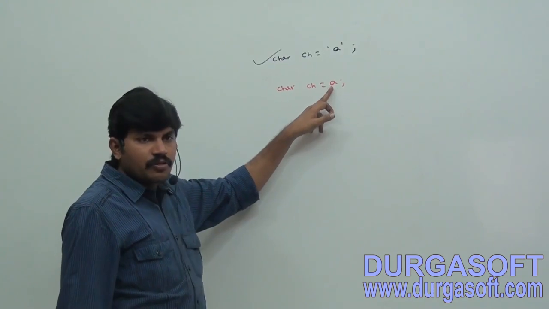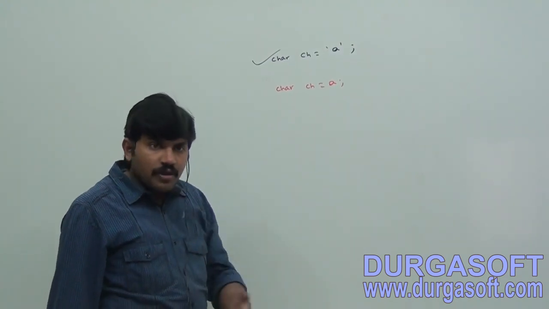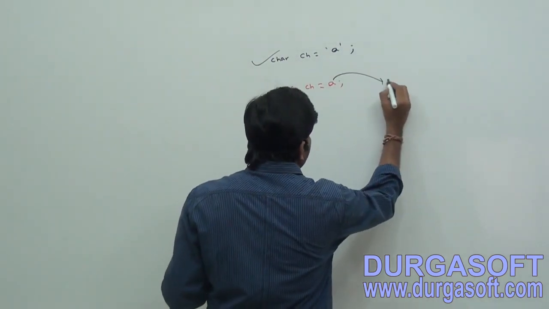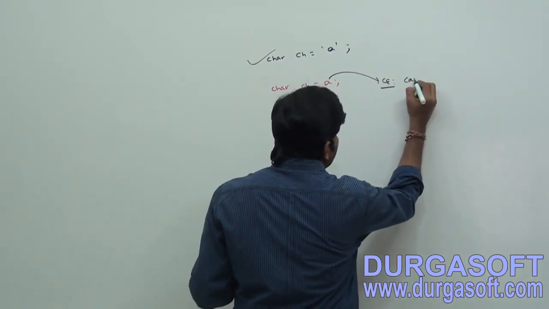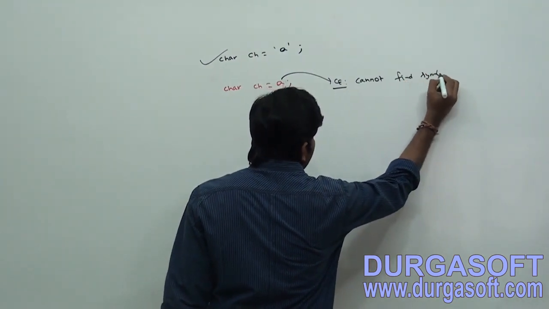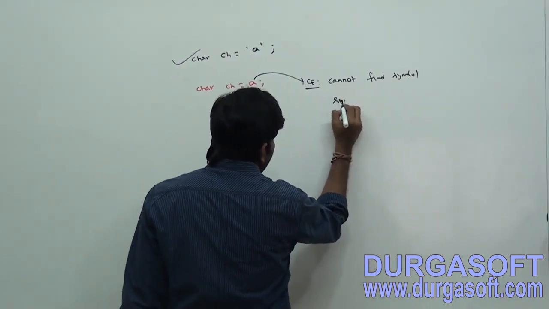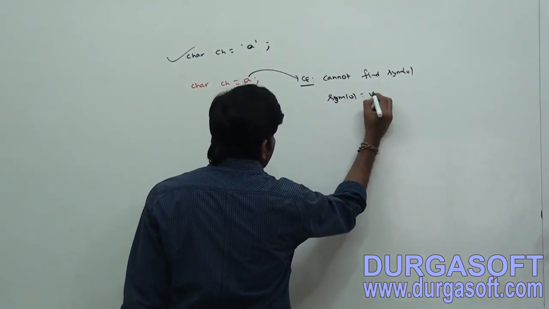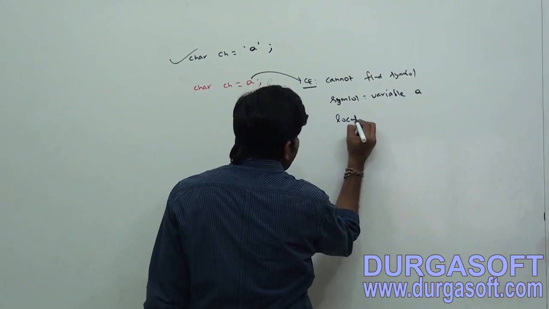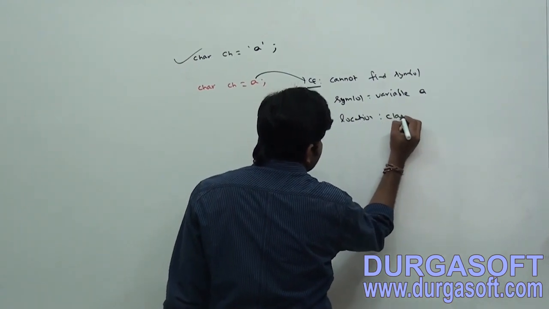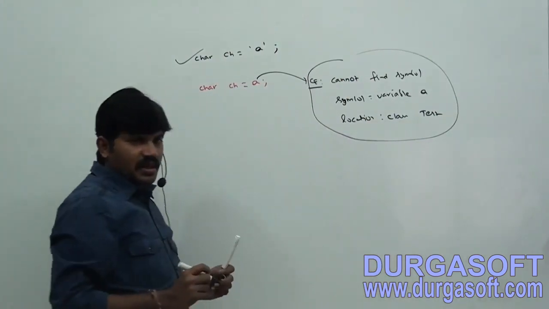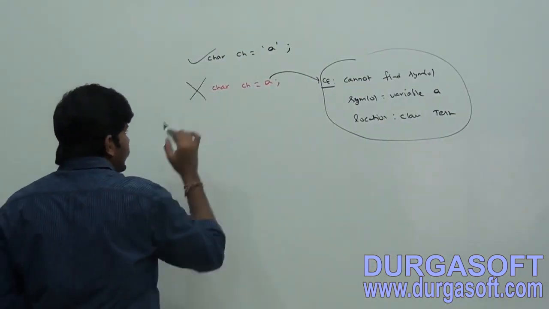The compiler is going to treat this as a variable, so we will get a compile time error saying cannot find symbol. Which symbol? Variable a, in location class Test. I am taking this line within the Test class. That's why this is invalid.